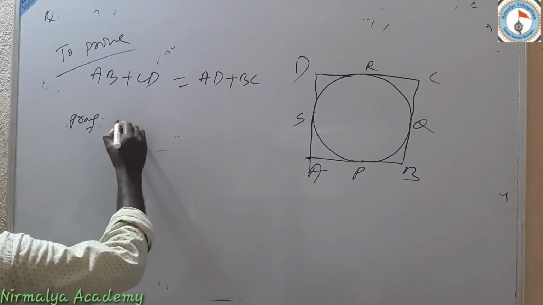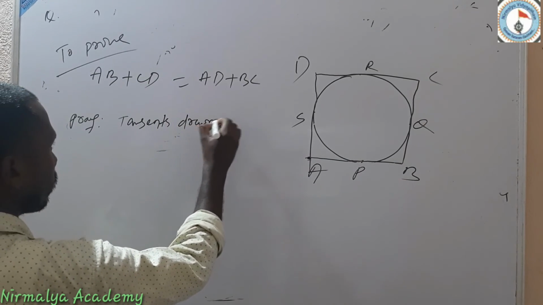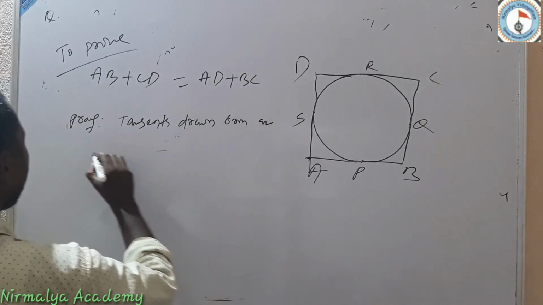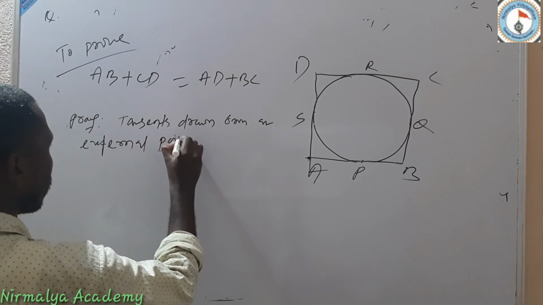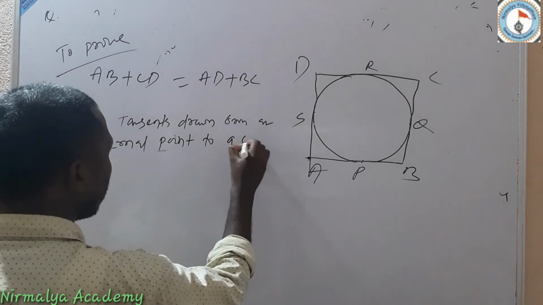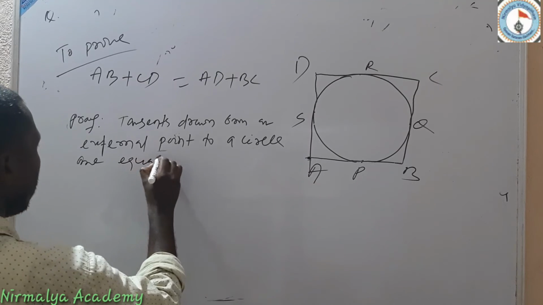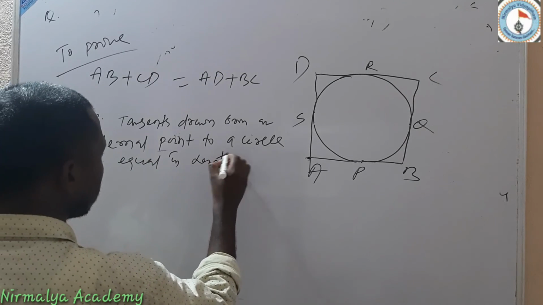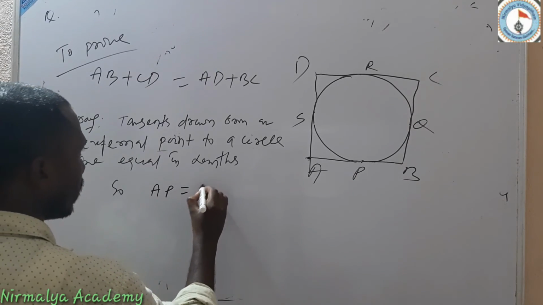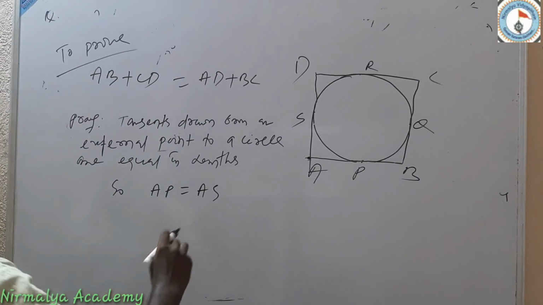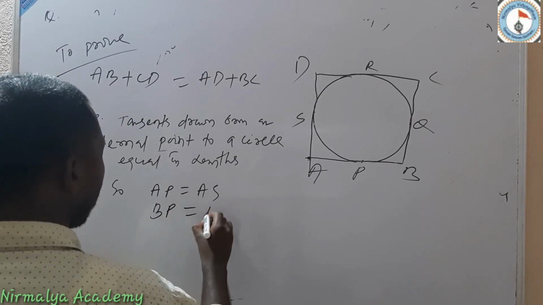So we write that tangents drawn from an external point to a circle are equal in length. So AP equal AS. Similarly, B is an external point and BP and BQ are two tangents. That's why BP equal BQ.